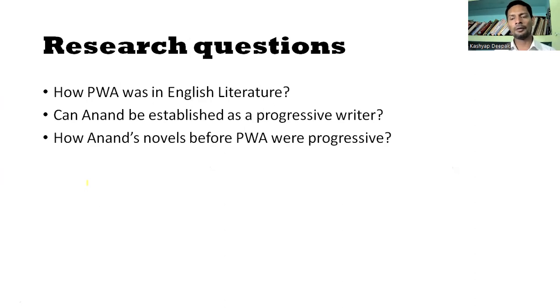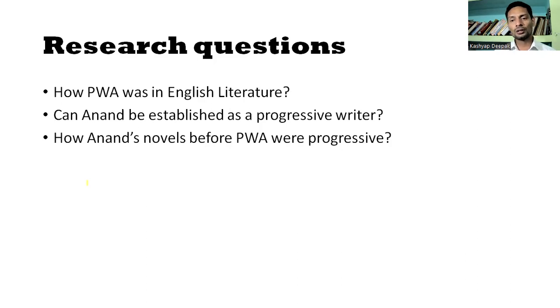The most important part of a thesis proposal is the research question. Without a research question, you cannot set your theme in motion. In case you are following the idea of progress in Mulk Raj Anand, then how was the PWA in English literature? And second, can Anand be established as a progressive writer, and how were Anand's novels before the PWA progressive?